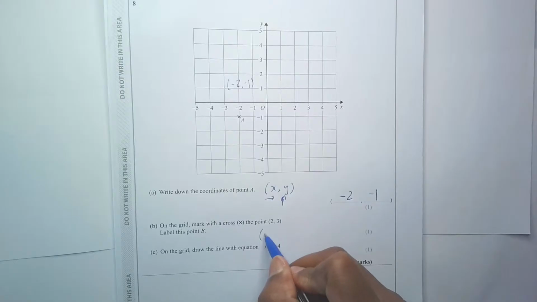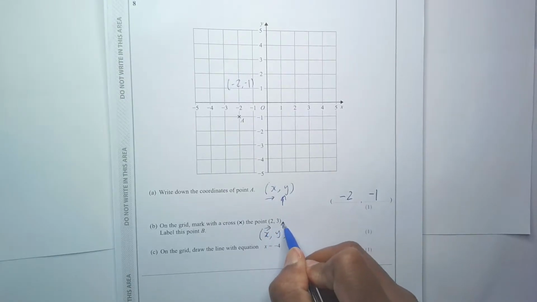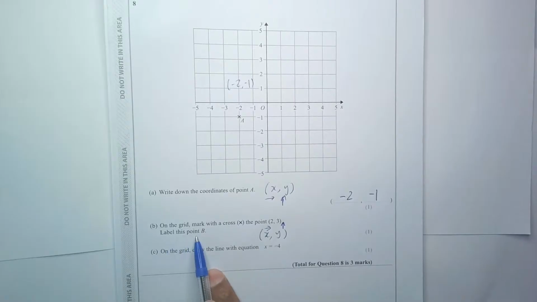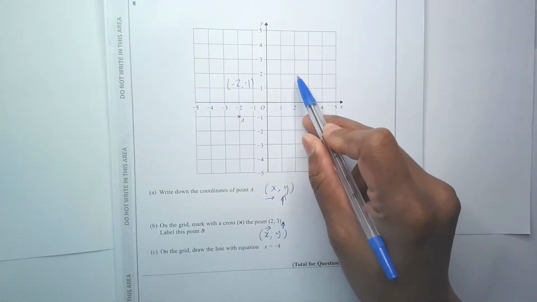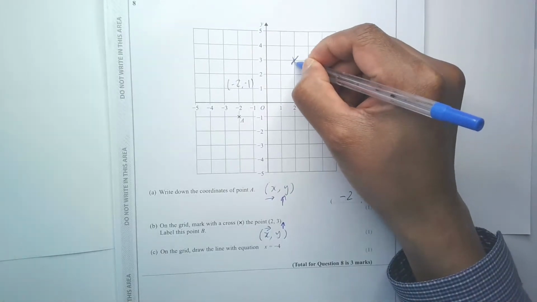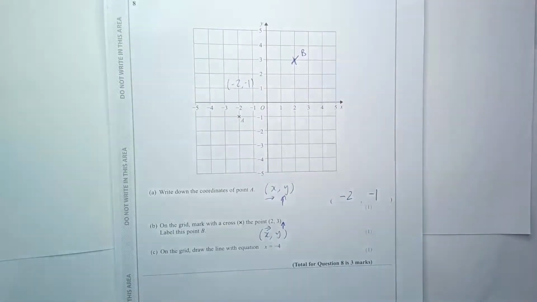So we've got along the corridor 2, up the stairs 3. Label this point B. So start from the center, along the corridor 2, up the stairs 3. Label this as B.